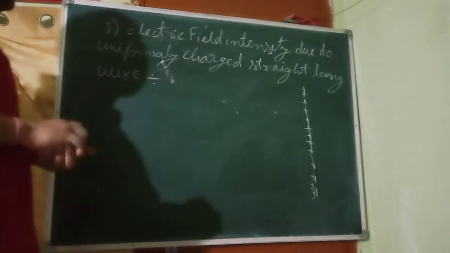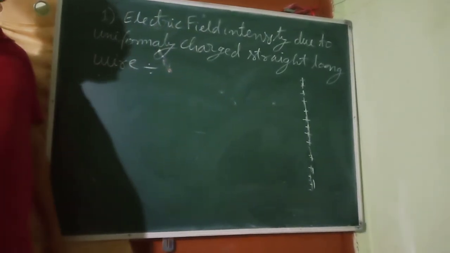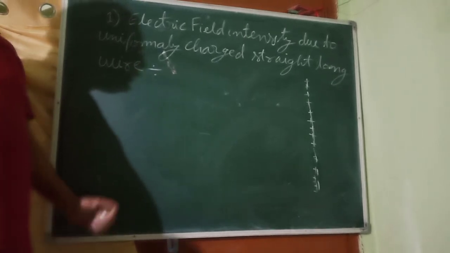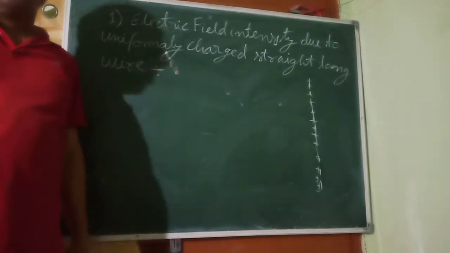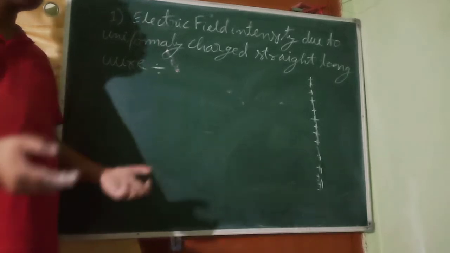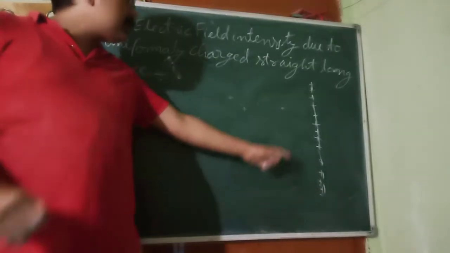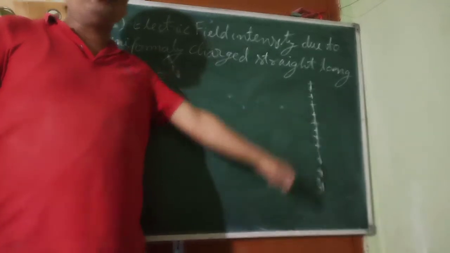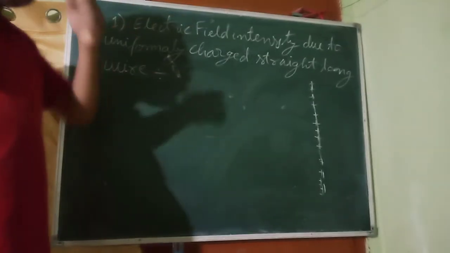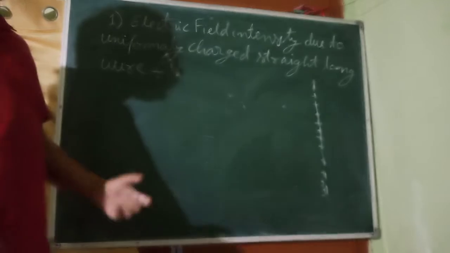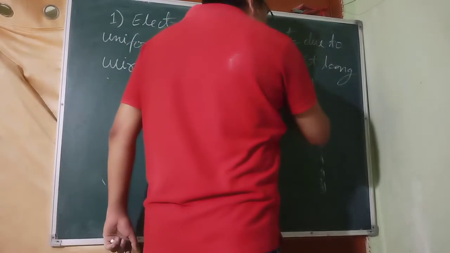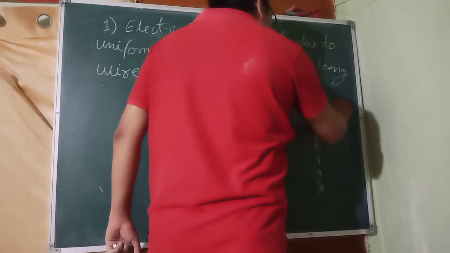So now, in order to apply Gauss law, we need to draw a Gaussian surface. Gaussian surface means we have to draw a surface which will enclose some part of the wire, because no surface can enclose an infinite wire. So suppose we draw a cylinder here.